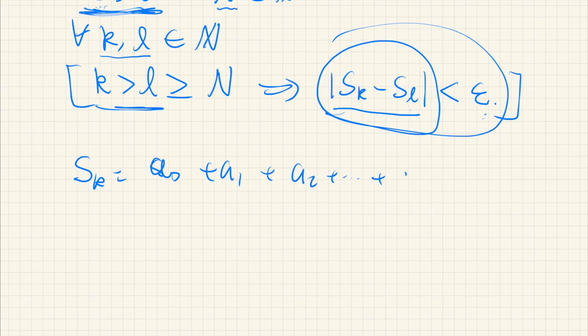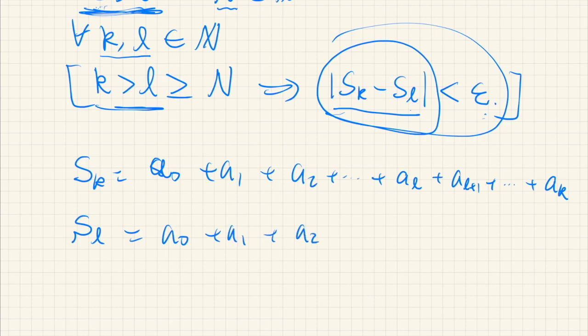So Al appeared somewhere, then A(l+1), and finally we have Ak. And Sl is this, and it stops at Al. So if we take the difference, then Sk minus Sl is this part.